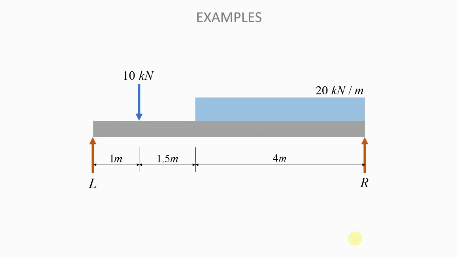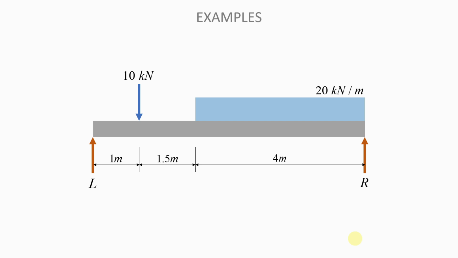Now, in this example, as you can see, you no longer just have point loads, but you do have one point load and one UDL. When we say UDL, what we mean is uniformly distributed load, or you can just say a distributed load.